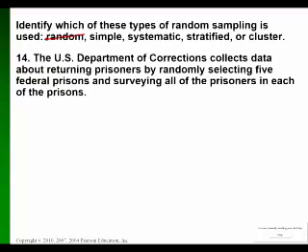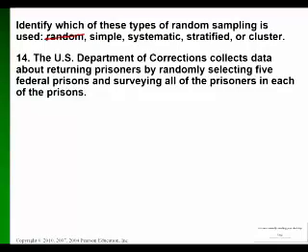For example, the U.S. Department of Corrections collects data about returning prisoners by randomly selecting 5 federal prisons and surveying all of the prisoners in each of the prisons. Am I just going to yank out every 5th prisoner? Not systematic. Am I going to divide the prisoners into groups?